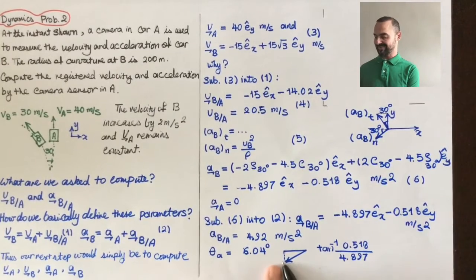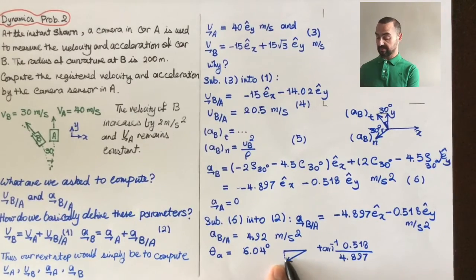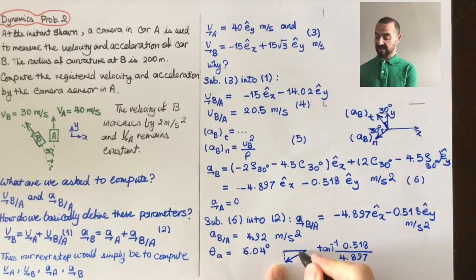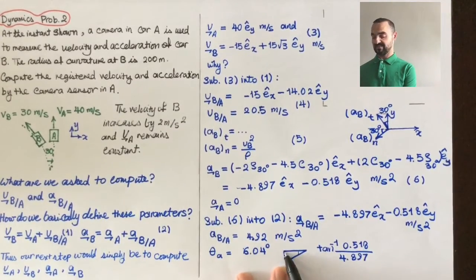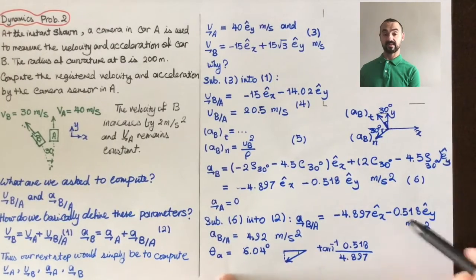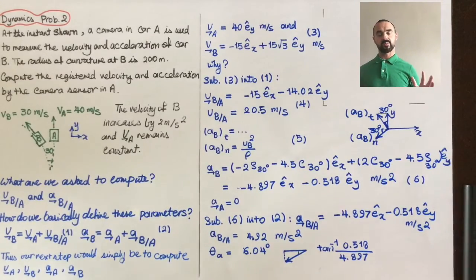Think about it. I have the x component, and I have the y component, right? So this angle is the tan inverse of the y component over the x component. So that's how we compute the angle.